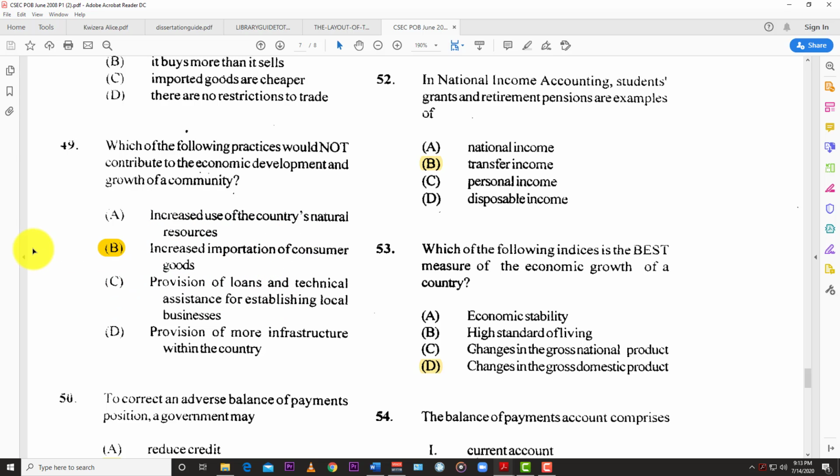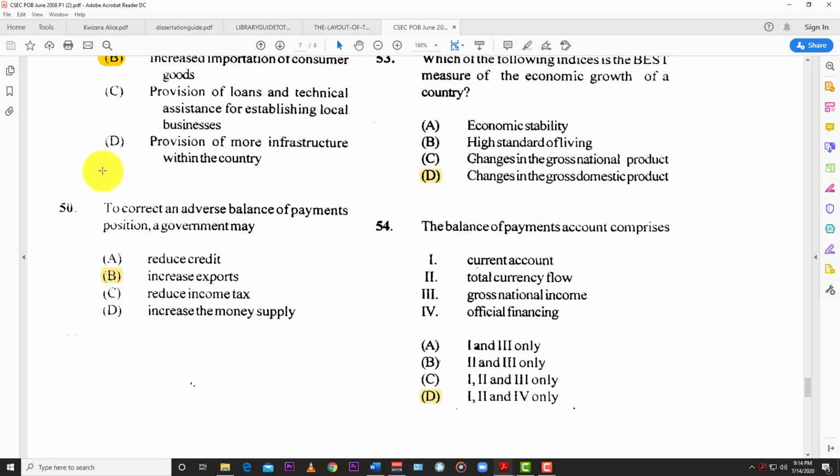Now, if you increase importation, that means that you are not really supporting locally made products, local industries, and so that would not really contribute to economic development and the growth of a community, because a lot of the resources, the money, the capital, is flowing out of that community to go overseas to bring in imported stuff. 50, to correct an adverse balance of payment position, a government may B, increase exports.